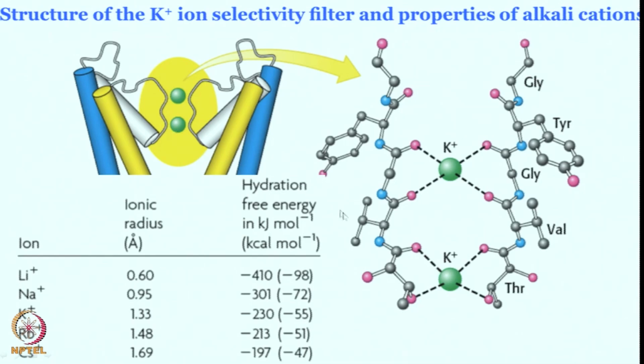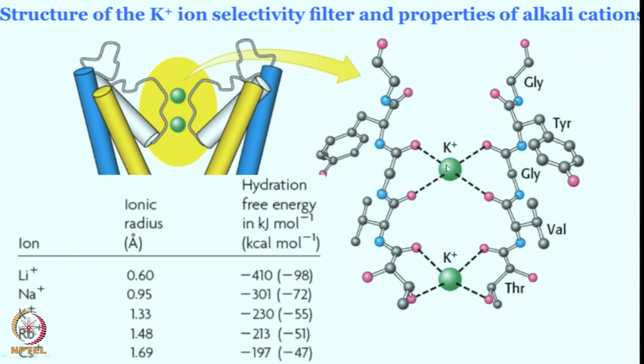For instance, when potassium is passing through this channel, the protein residues from this peptide backbone, different amino acid residues, will be interacting with the potassium center, and that is what is happening here, as you can see, making life easy for potassium as it is passing through.